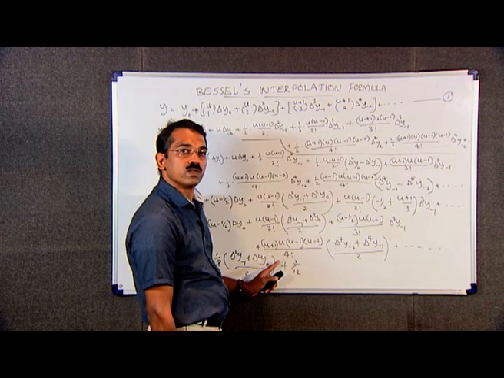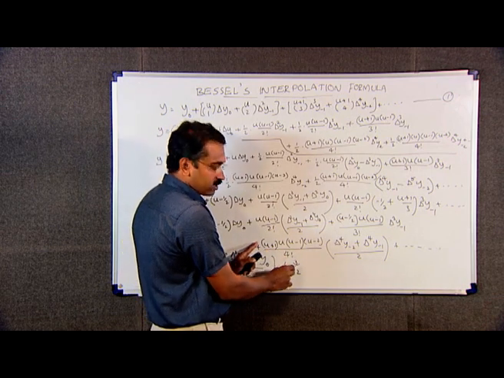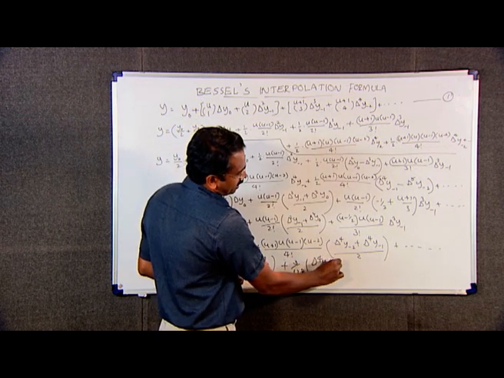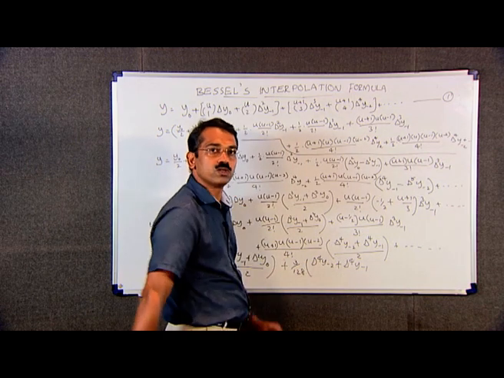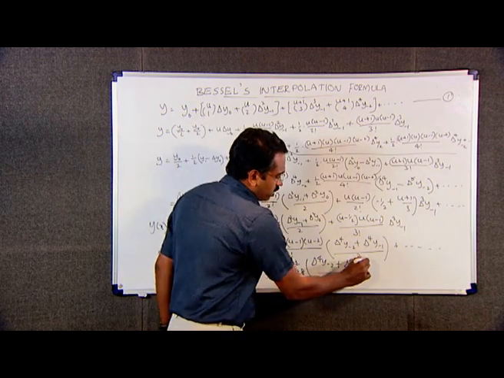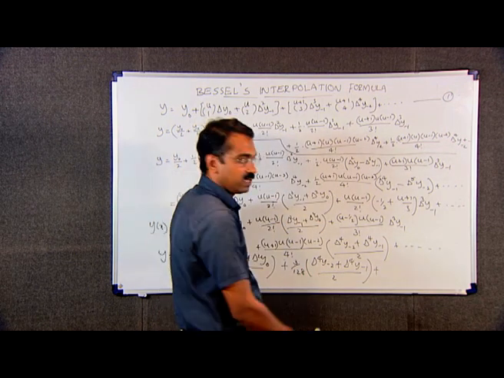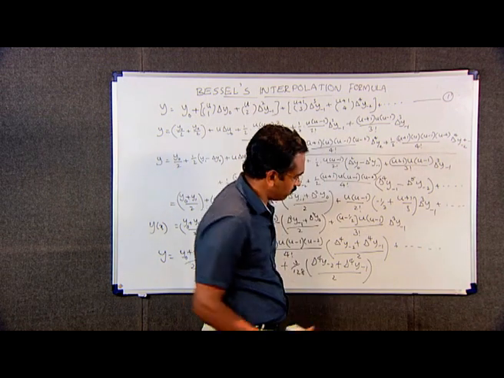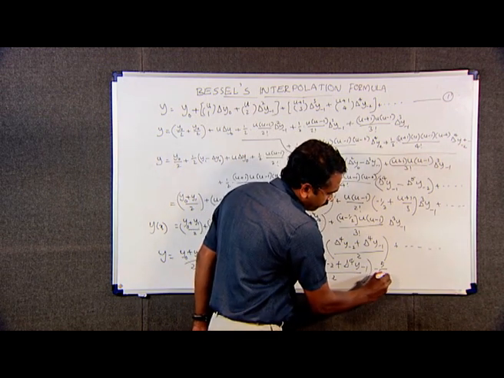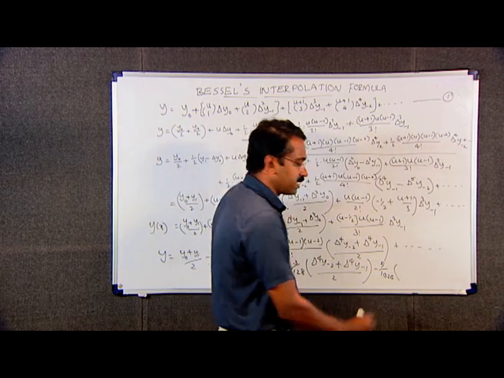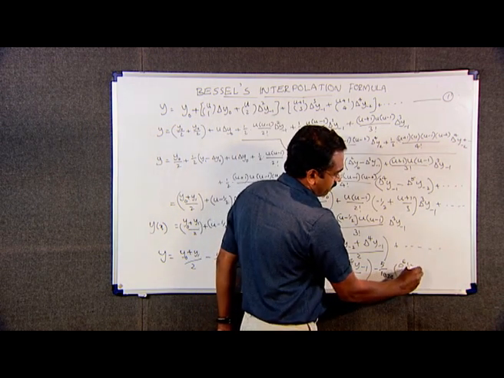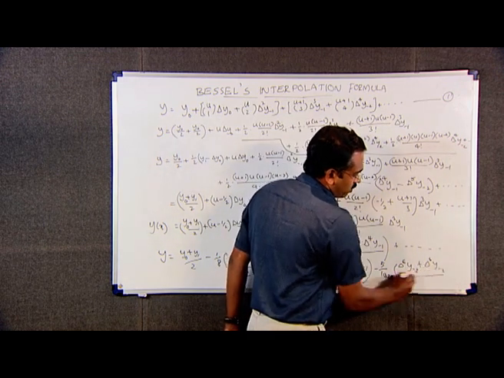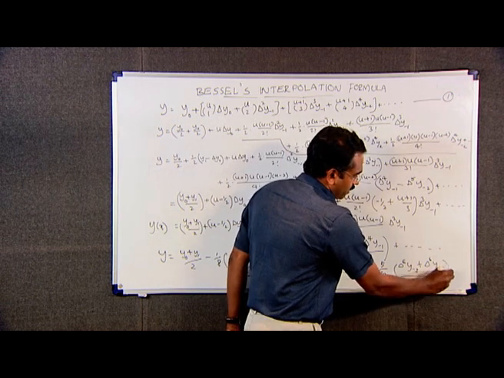On simplification, this term will be 3 by 128 into (delta raised to 4 y minus 2 plus delta raised to 4 y minus 1) divided by 2, and the next term is minus 5 divided by 1024 into (delta raised to 6 y minus 3 plus delta raised to 6 y minus 2) all divided by 2 plus etc.